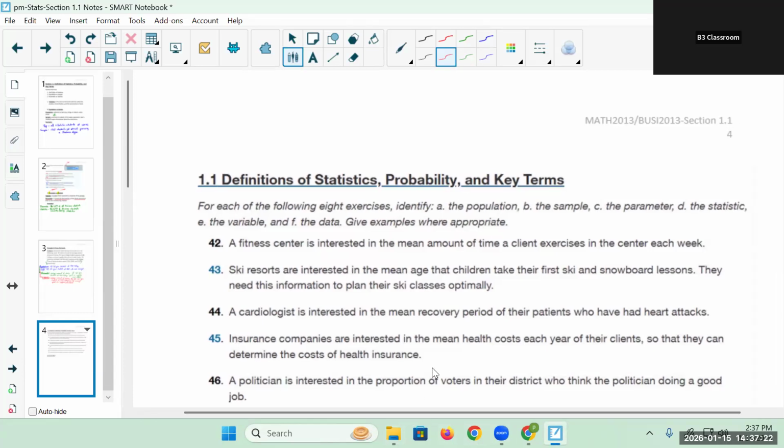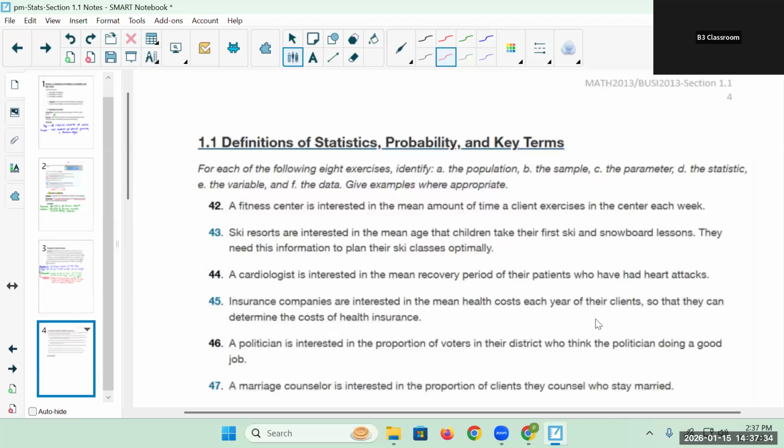Unlike a lot of these books, they are fairly comprehensive, but once in a while, the actual explanations are not very comprehensive. So I like some of their examples and I use them. Now, they're asking you more than I will normally ask you here. It says for each of the following exercises, identify the population, the sample, the parameter, and the statistic.